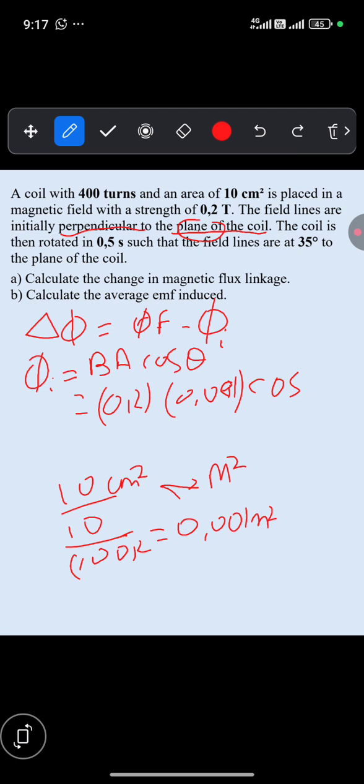So when they say perpendicular to the plane, they are not talking about the normal perpendicular, and so the angle is 0, which translates to parallel, actually. So this is equal to 0.0002 Webers.